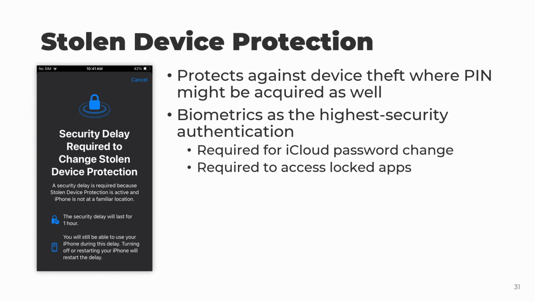And also do things like changing the iCloud password, because for those of you who don't know, you can change your iCloud password with just your iPhone and its PIN for some reason.